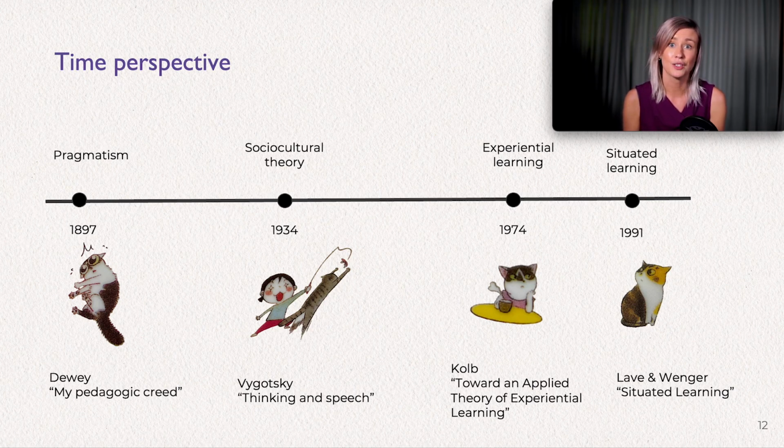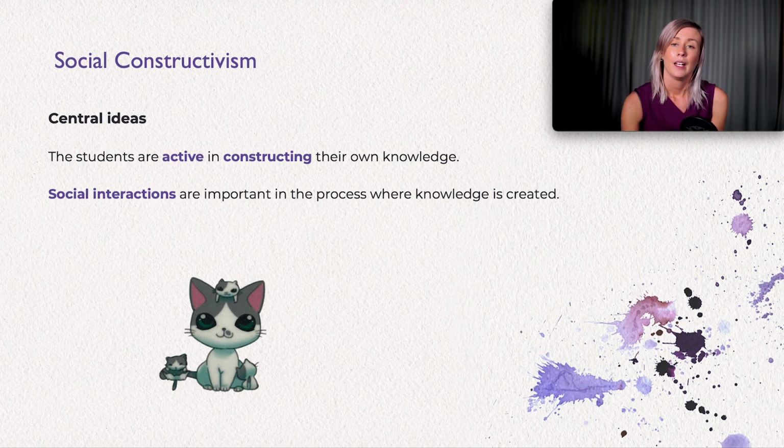And these, just like the other larger theories that we have talked about in this series, have also evolved in many different directions, and there are many different versions of them out there. Even if the theories presented in this video sometimes have different approaches to some parts, there are two central ideas that the social constructivism theories share.